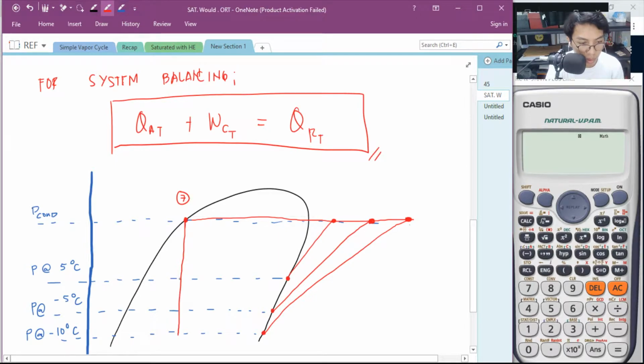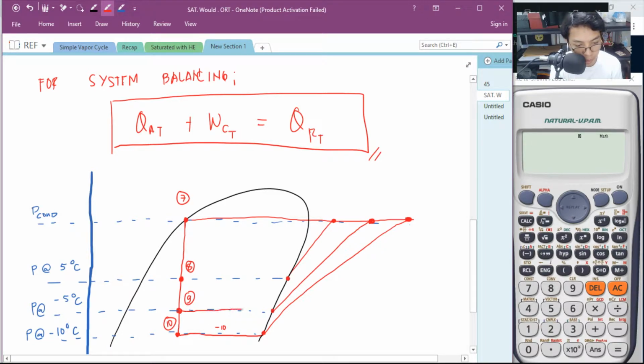Ibig sabihin, yung points 8, 9, and 10 are here. And then going to your evaporator, that is -10.